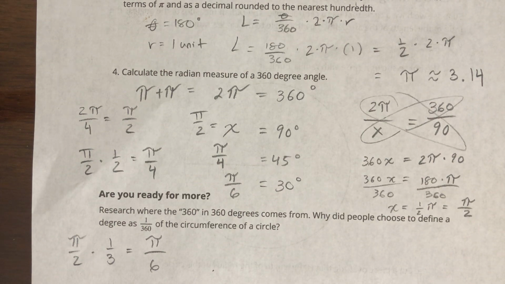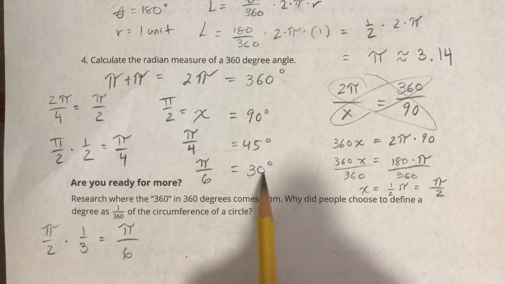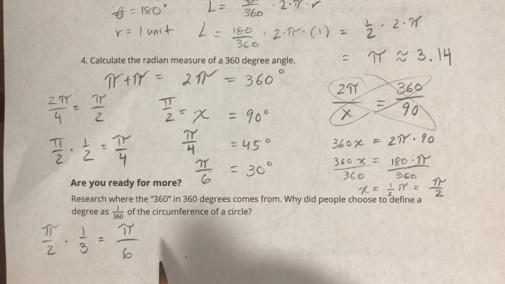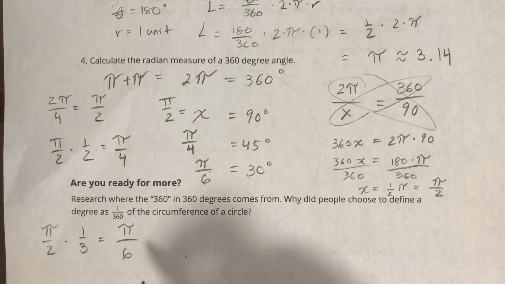So these are the types of radian measures that you really want to get familiar with. 30 degrees, pi over 6. 45 degrees, pi over 4. 90 degrees, pi over 2. 360, 2 pi.